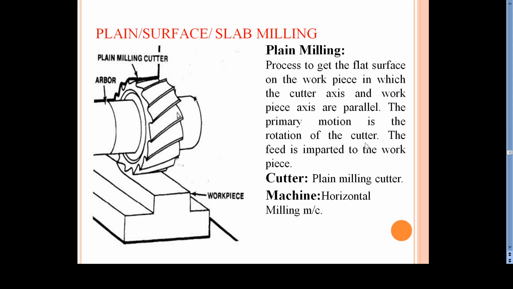This cutter can be used on a horizontal machine. We can't use this cutter in a vertical head machine because the cutting surface is the periphery of the cutter, so it has to be rotated about the horizontal axis. Then only the cutting action will take place. So this is mainly used for machining flat surfaces.